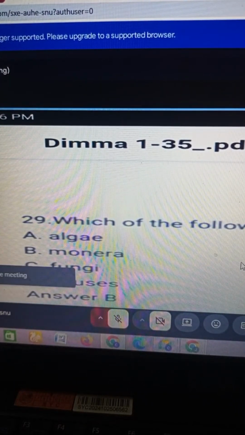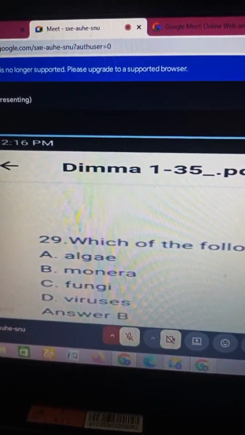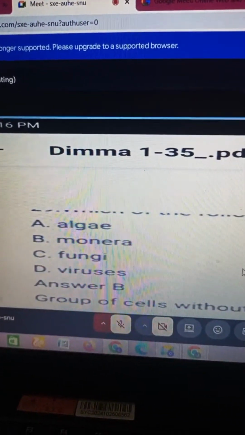Okay, don't worry, I'll read. Which of the following groups of cells is devoid of true nuclei? And I told you that the answer is D, Monera. So the group of cells without true nuclei is Monera.